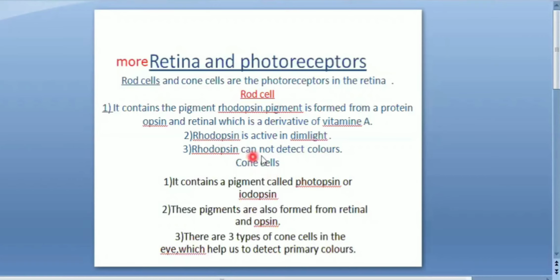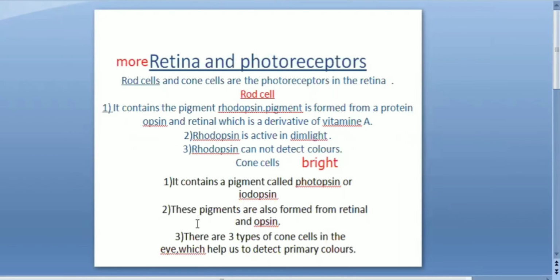What about the cone cells? Yes, cone cells help us to see in bright light. Bright light or intense light.